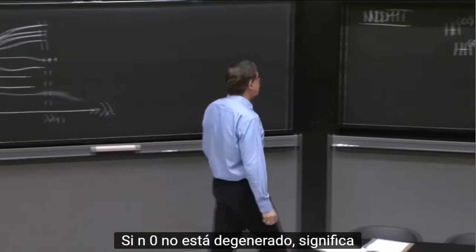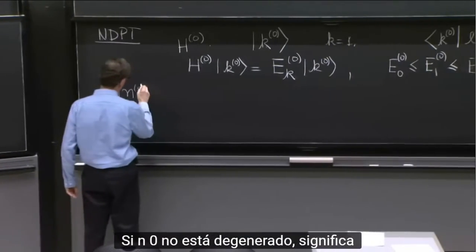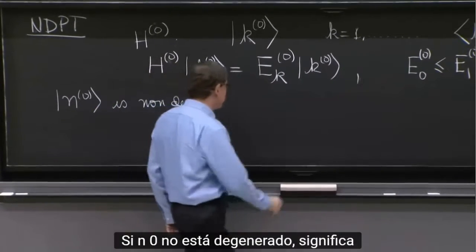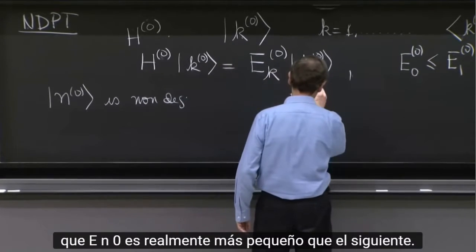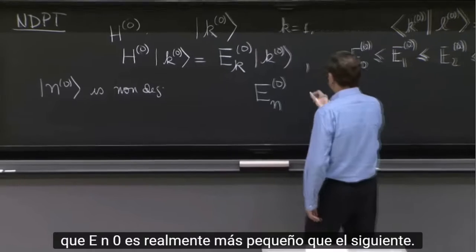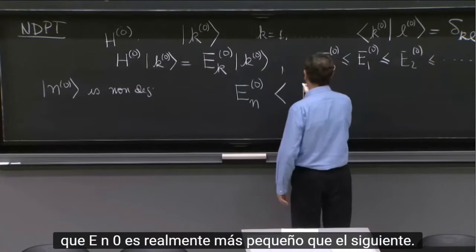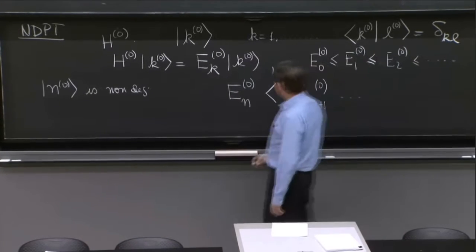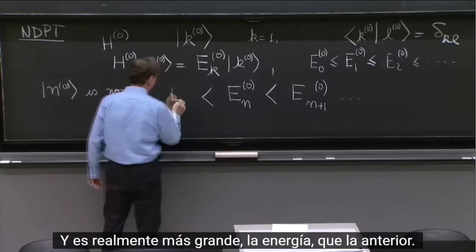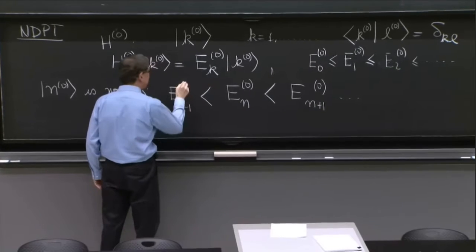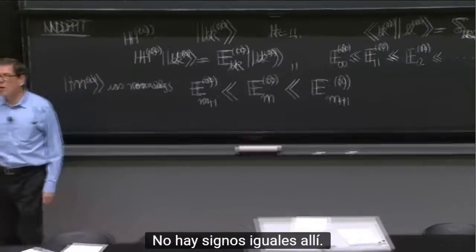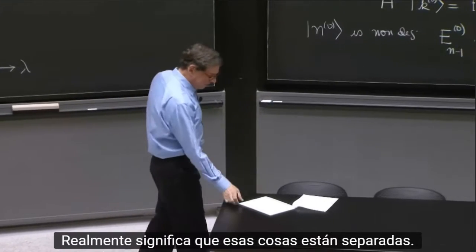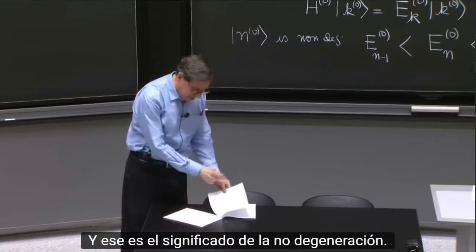If N0 is non-degenerate, it means that En0 is really smaller than the next one, and it's really bigger, the energy, than the previous one. No equal signs there. It really means those things are separate. And that's the meaning of non-degeneracy.